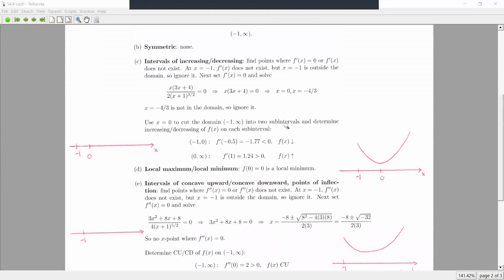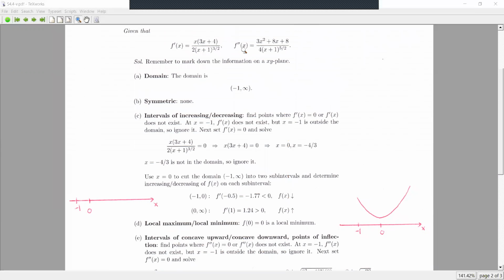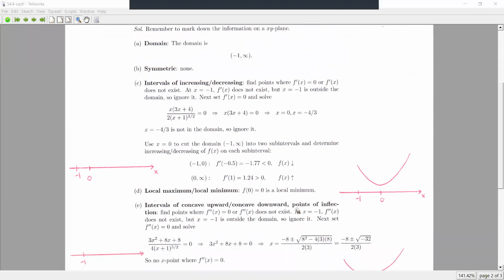The second derivative is given here. The point that makes the second derivative not exist is negative 1, because when x is negative 1, the denominator is 0. However, negative 1 is outside the domain, so ignore it.